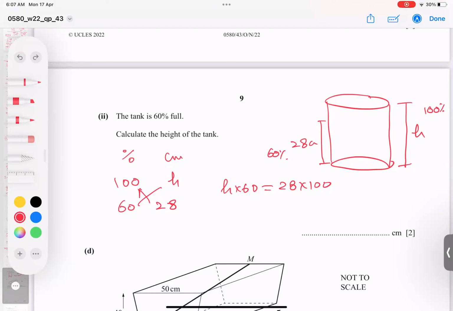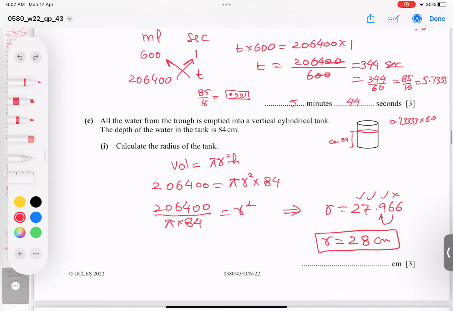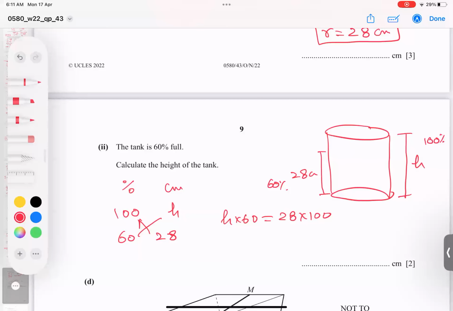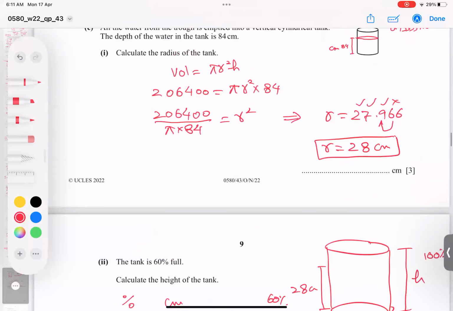Okay, just a minute, let me check. The tank is 60% full, and find out the tank height. Yes, students, there is a correction.